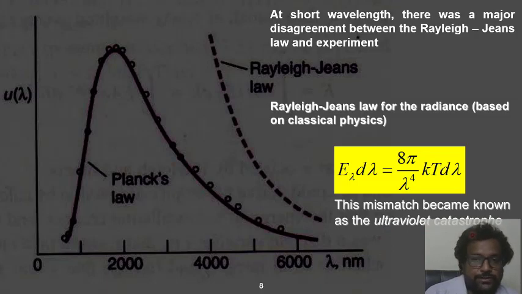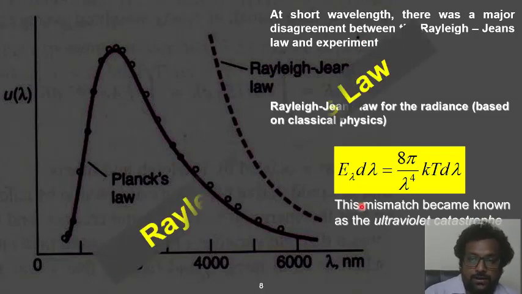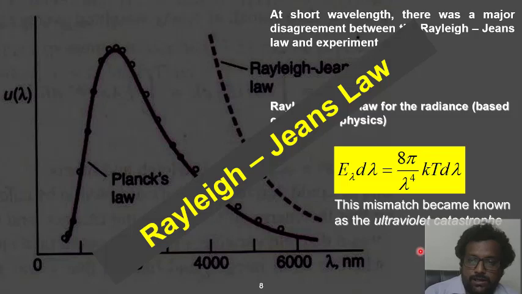So if someone asks you what the ultraviolet catastrophe is, you can say that at shorter wavelength there was a major disagreement between the Rayleigh-Jeans law and the experimental result. At higher values of wavelength, the experimental result matches with classical physics, the Rayleigh-Jeans law of radiance. This is nothing but your Rayleigh-Jeans law.